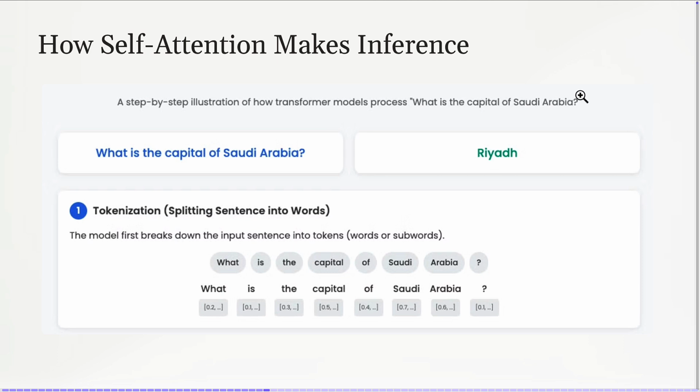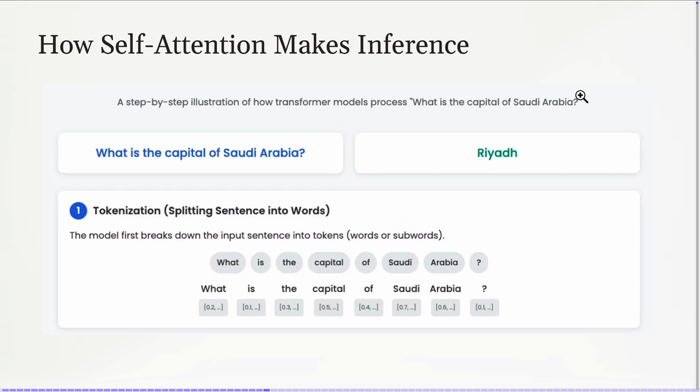So how is the prediction going to be made during the inference? In principle, we assume that this is our value, our corpus, and you will make the transformer learn the relationship between every word. For example, if I take capital, what is the relationship of capital with of, the relevance of capital with Saudi, capital of with Arabia, and so on?